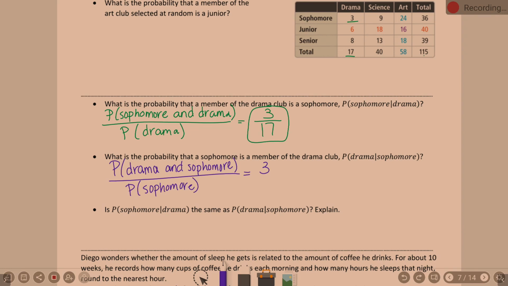And how many sophomores do we have? Ah, there it is, 36, thank you. Okay, what do your brains know about 3 out of 36? Can reduce, yes? Reduces to 1/12.